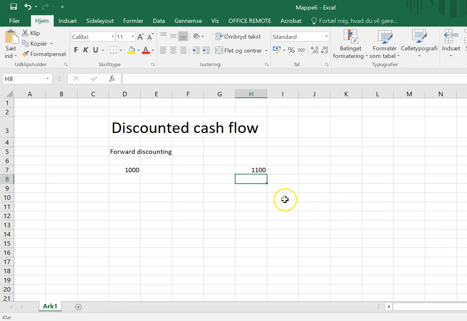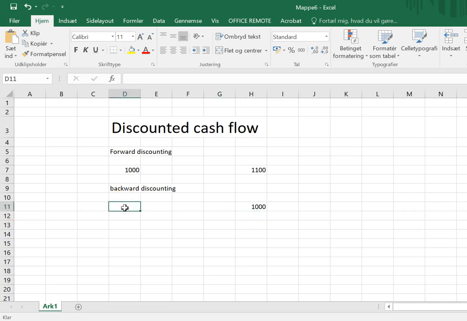And if I want to do backward discounting, I would say, well, if I want 1,000 in the bank next year, or I know I will receive a payment in 1 year's time, what is it actually worth to me in today's money?